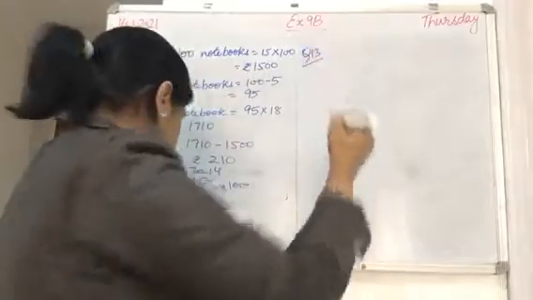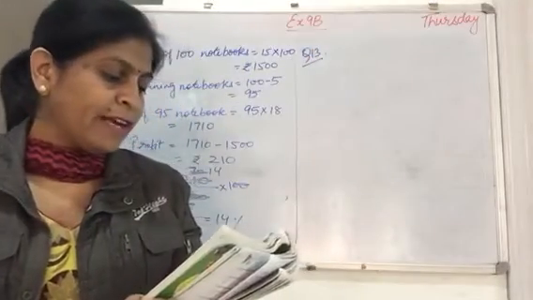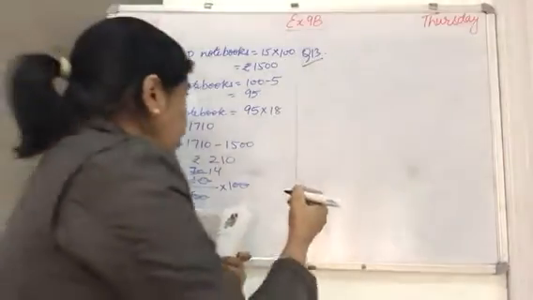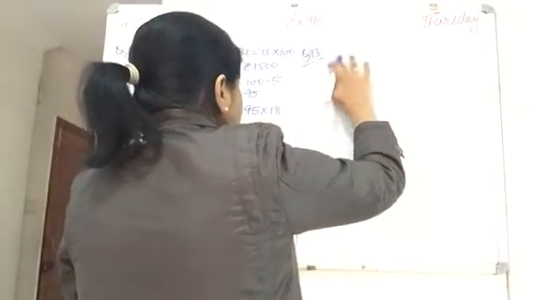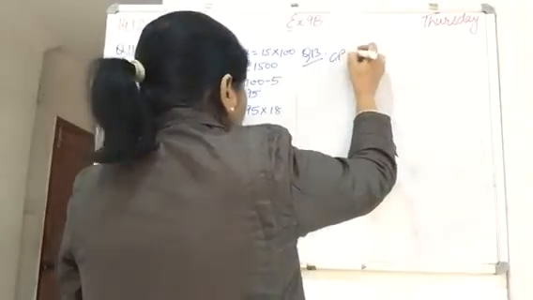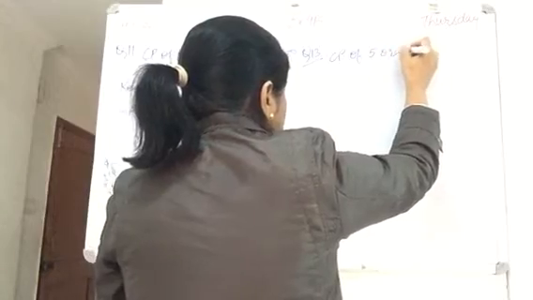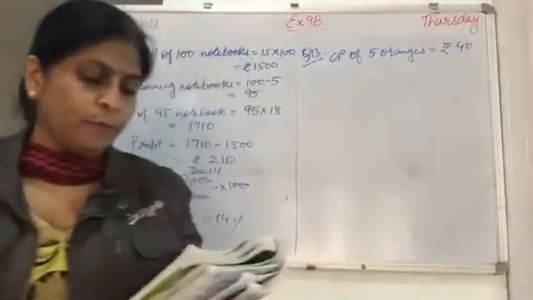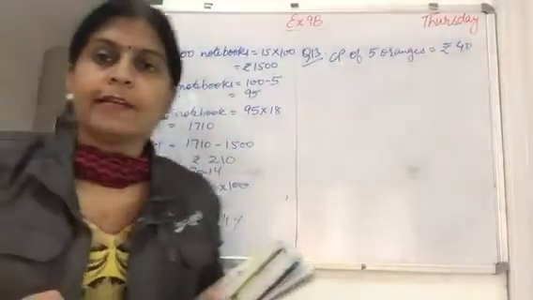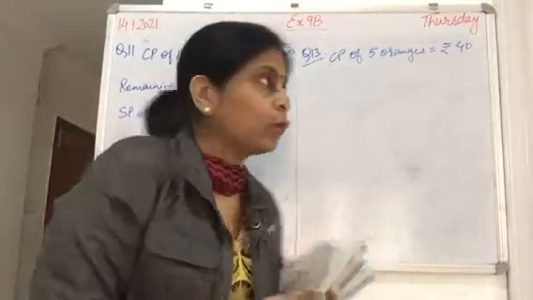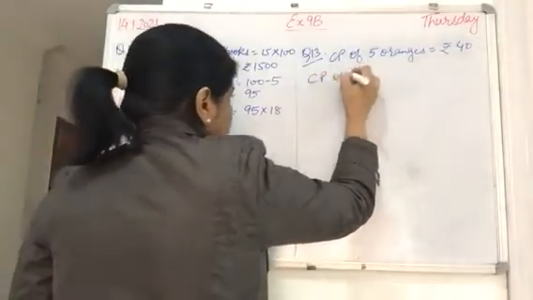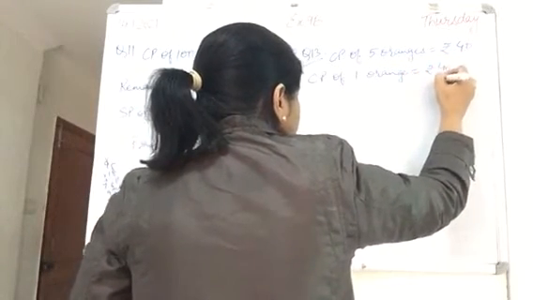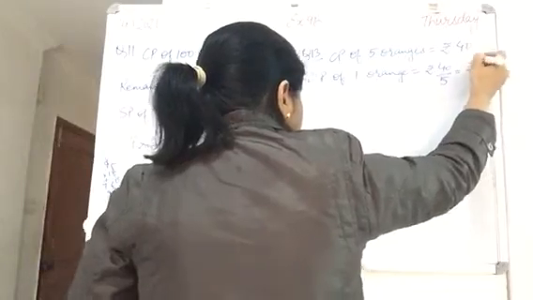Now question number 13 says that a fruit vendor buys oranges at the rate of 5 for rupees 40. Now cost price of 5 oranges equal to rupees 40, and he sells them at rupees 9 per orange. Now the quantity is not the same, so what we do, we calculate for one quantity. Cost price of 1 orange equal to rupees 40 by 5 equal to rupees 8.